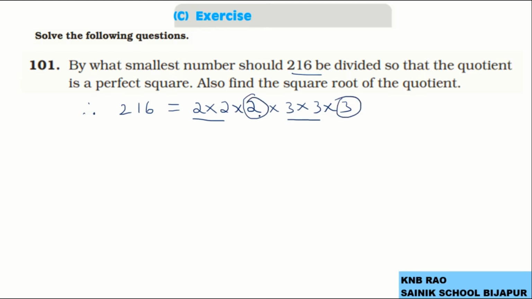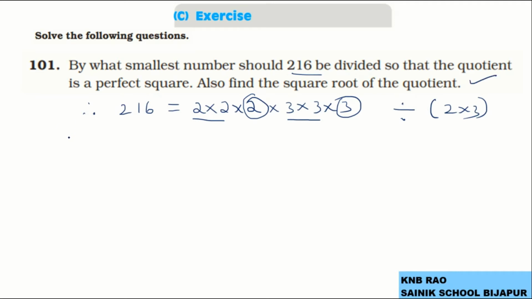This 2 and this 3 are left without pairs. So I need to divide by their product to remove them, so that the quotient becomes a perfect square.